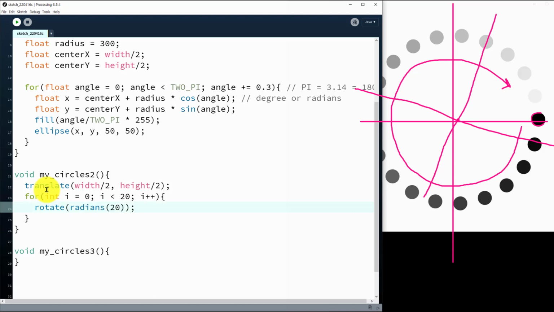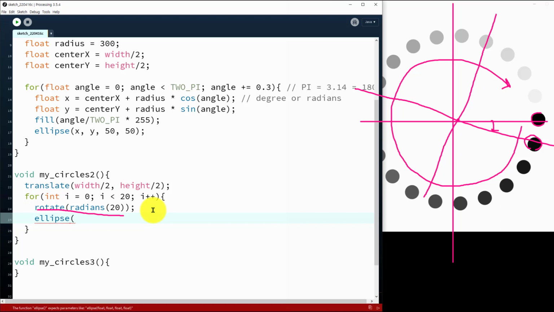After rotating, as I told you, this rotate function will rotate the axis. So let's say this is 20 degrees. By rotating the axis, you can draw this one at the same point. What does this mean? After rotating, you can draw the ellipse at the same point, 300, 0.